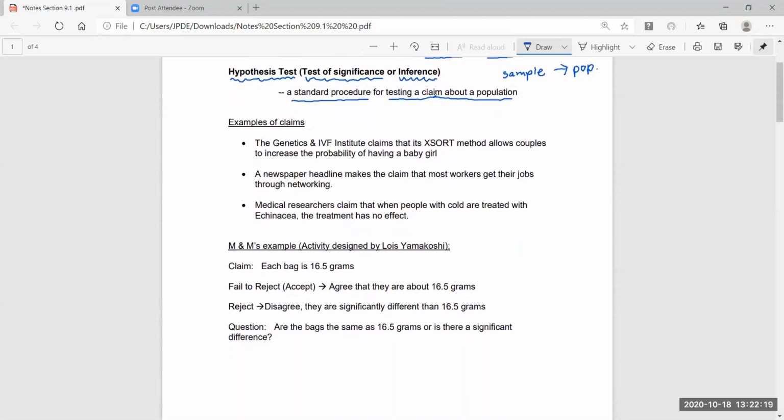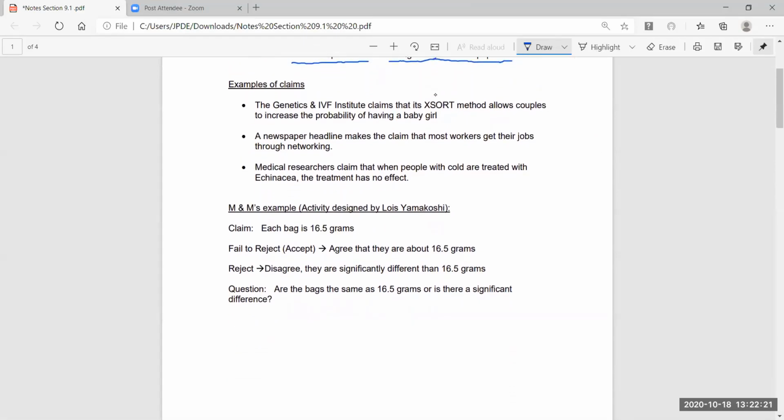Okay, taking a look at some examples of claims. I'd like you to see that hypothesis tests can be done in lots of different areas, lots of different majors. You can have a claim or a hypothesis test really about anything. So, some examples of claims.